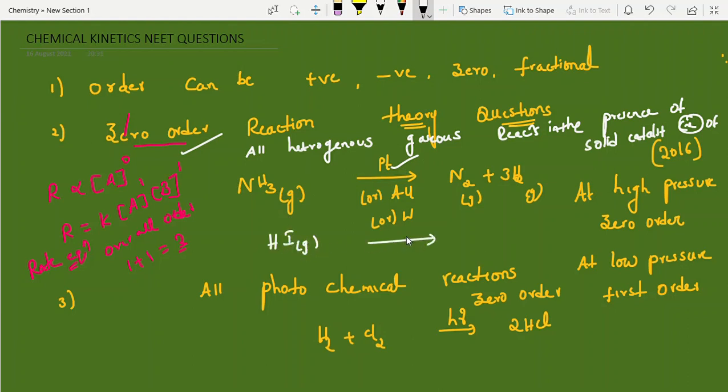If you have seen a catalyst like platinum or tungsten, a solid catalyst, definitely that also falls under zero order reaction when it is at high pressure only. We have to read this question properly. Low pressure and high pressure both they will mention. At high pressure only it falls under zero order. At low pressure again it falls under first order.